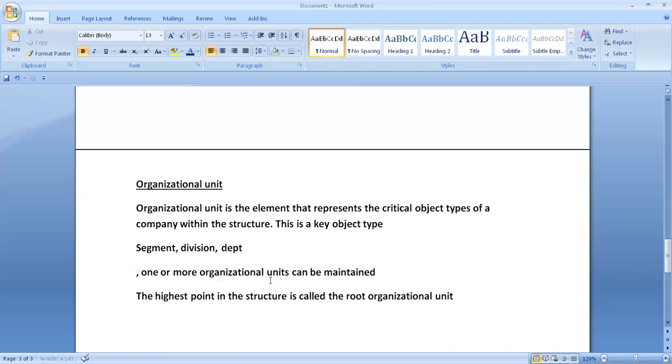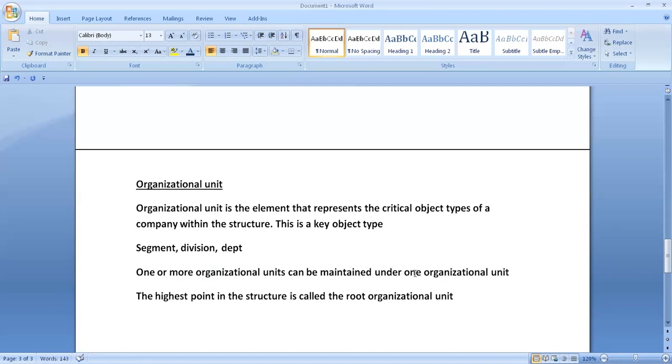You can write like this, or the other way also. You can maintain it like this, it's the same thing.